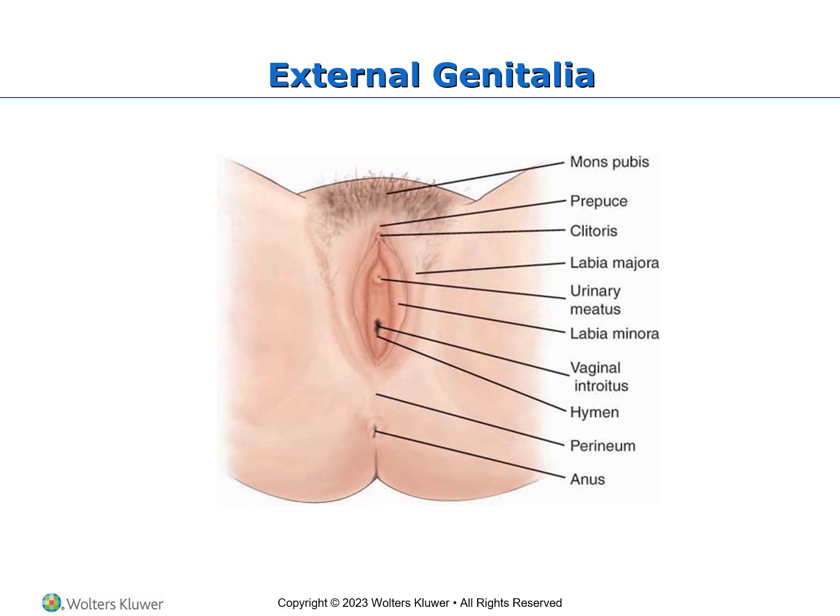And remember that normal appearance varies greatly among individuals based on age, hormonal status, childbirth history, ethnicity, and individual anatomy. So the goal is to identify abnormalities while also respecting normal anatomical variation.